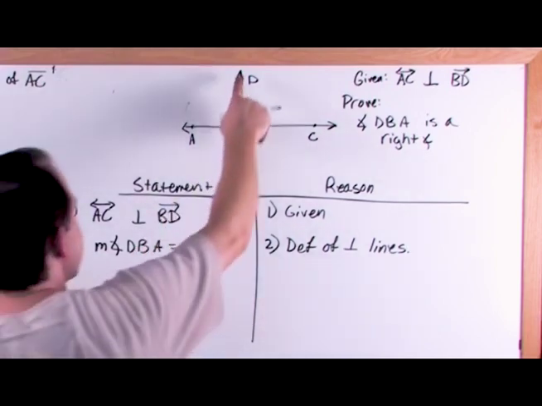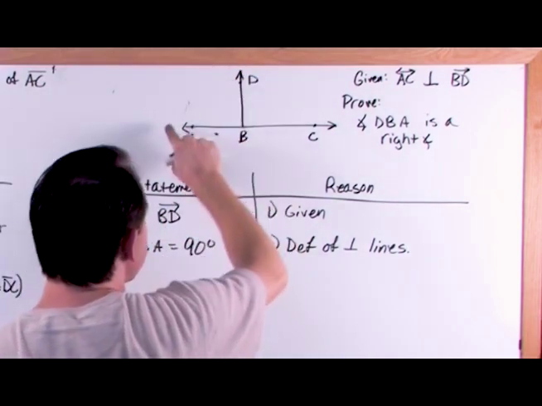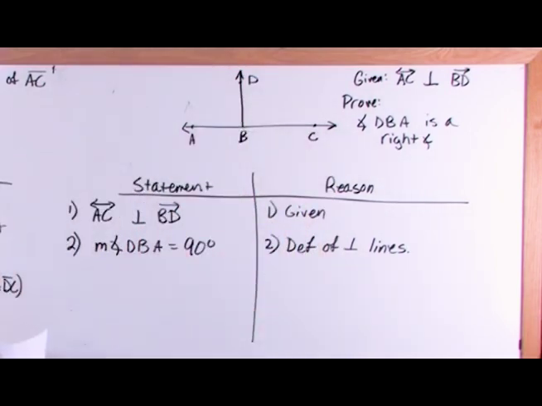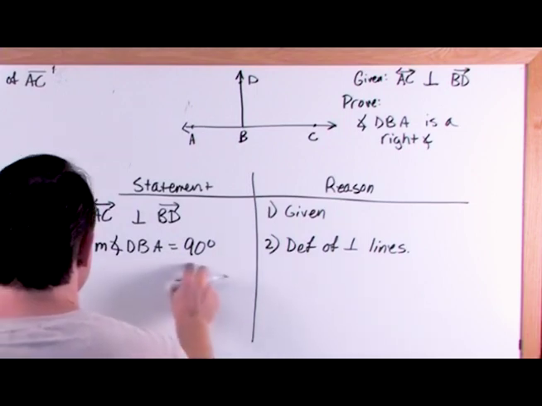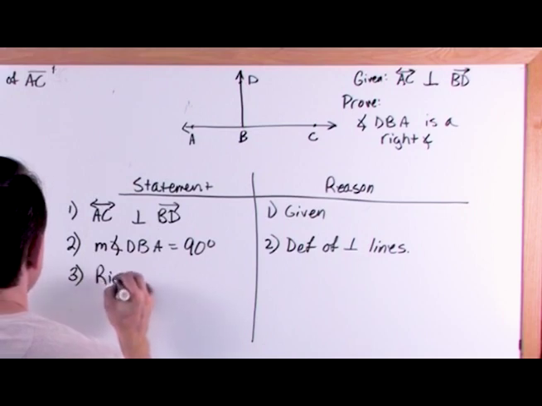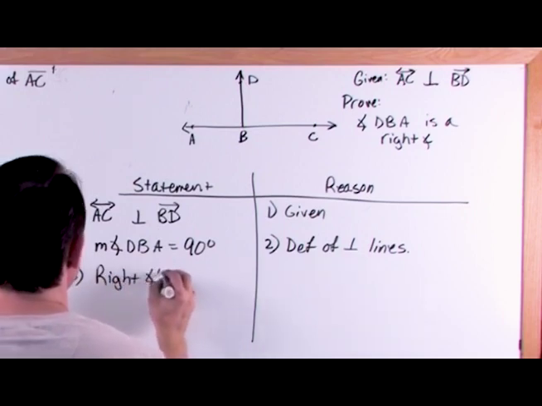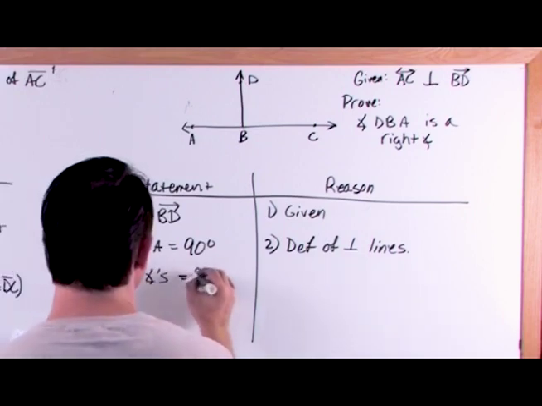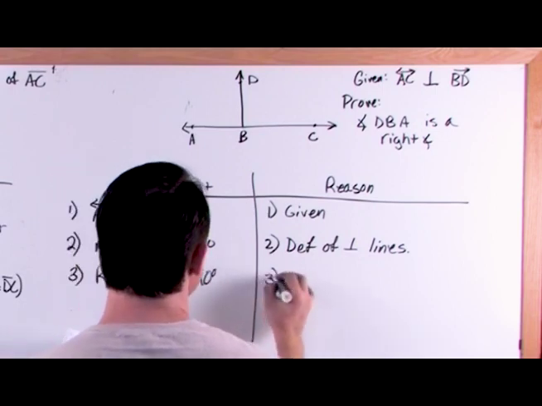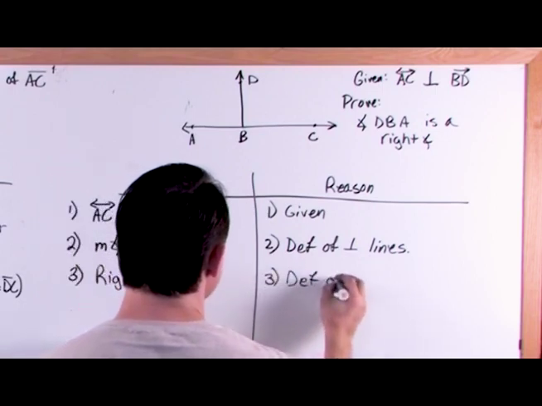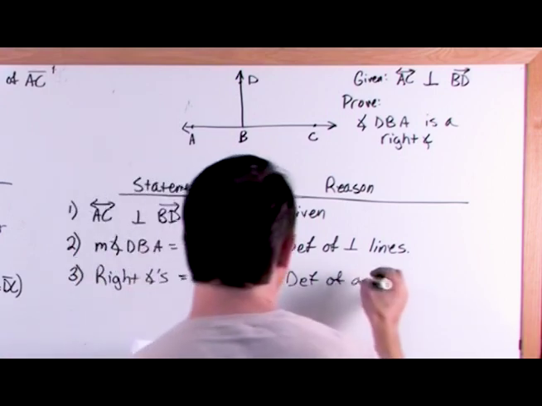So then you can prove that this angle is 90 degrees because this is perpendicular to this, so this must be 90. So then 3, you want to say right angles equal 90 degrees. And this is just the definition of a right angle.